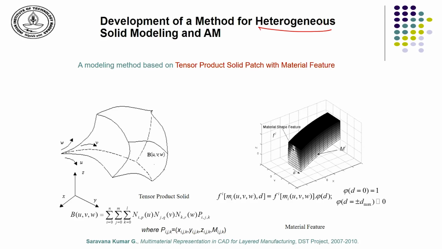So, a lot of developments have happened or are happening in the direction of trying to incorporate a modeling framework which will enable the design to have such heterogeneity, and thereby the same could be used in the manufacturing process, which is the additive manufacturing process.